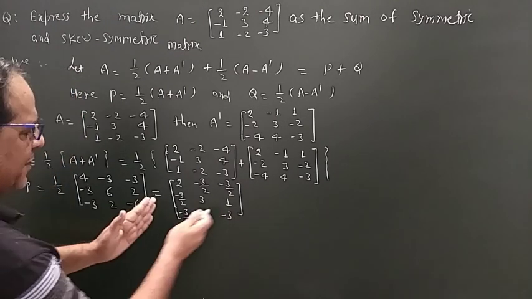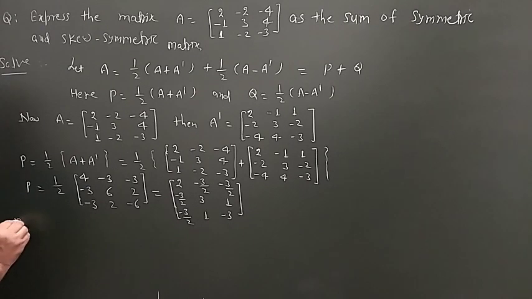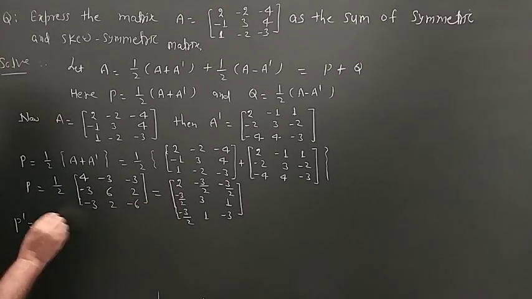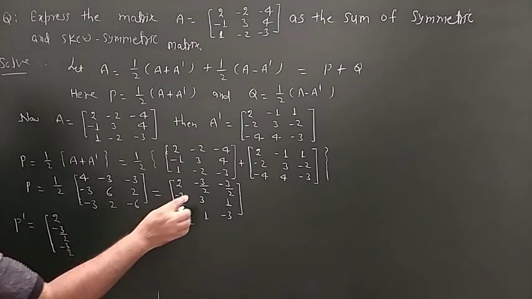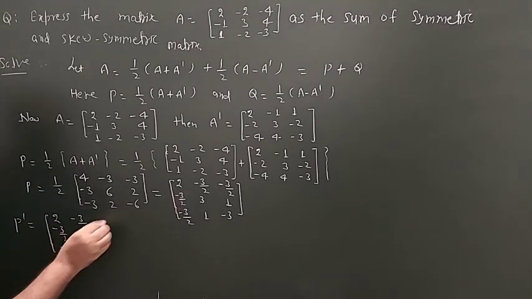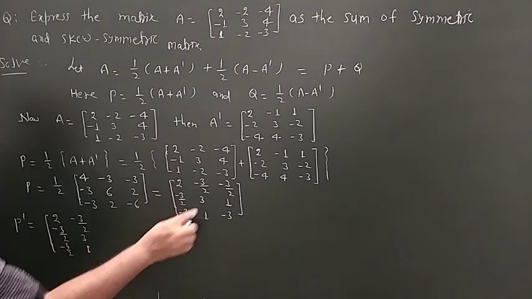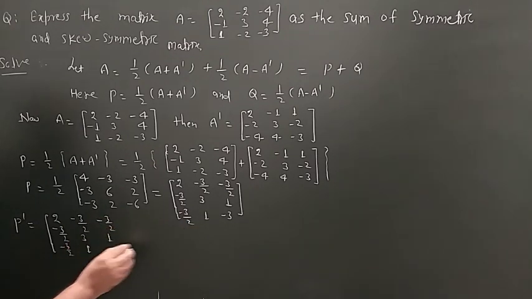We clearly see by property this is a symmetric matrix, but we also check according to the process: P transpose equals changing row and column, which gives 2, minus 3 by 2, minus 3 by 2; minus 3 by 2, 3, 1; minus 3 by 2, 1, minus 3.